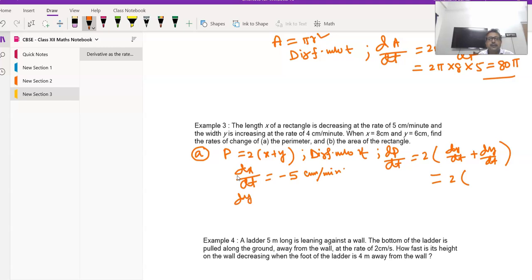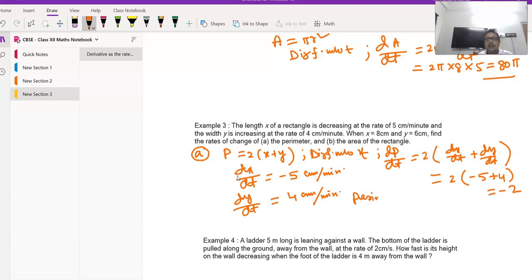And dy by dt is going to be plus 4 centimeter per minute. Okay, so this is going to be minus 5 plus 4, answer is minus 2. So your answer will be increasing or decreasing? Obviously the perimeter is decreasing at this rate.